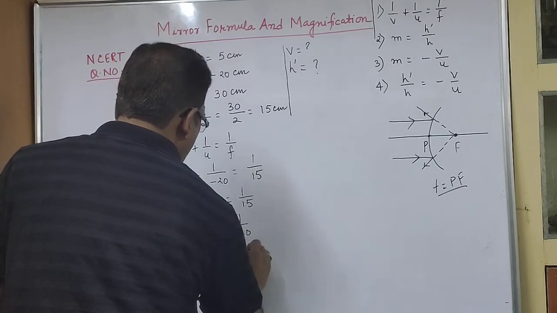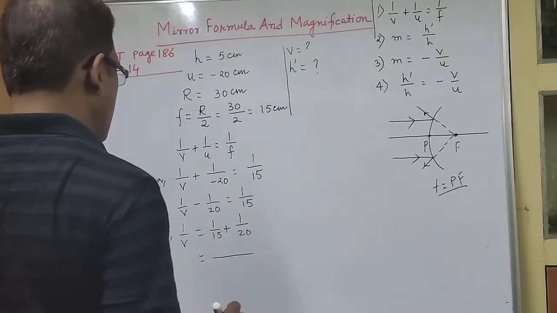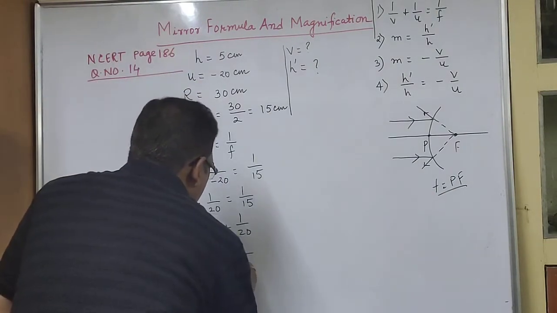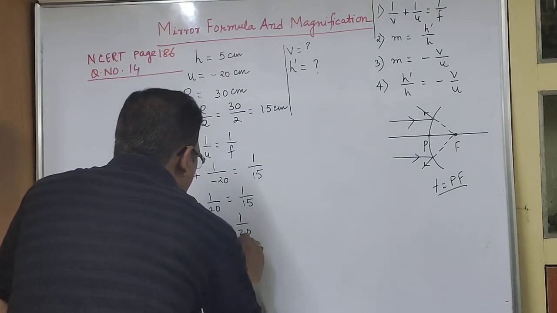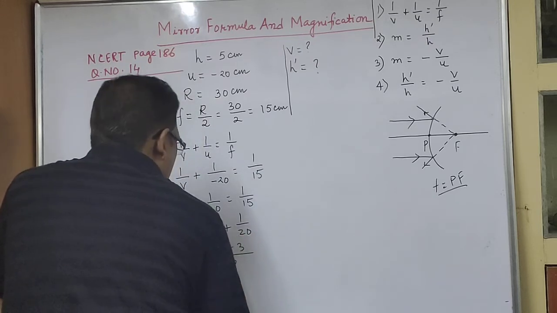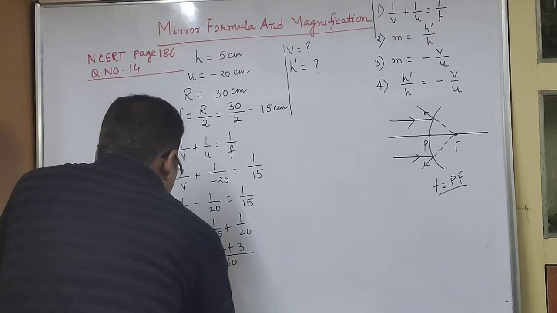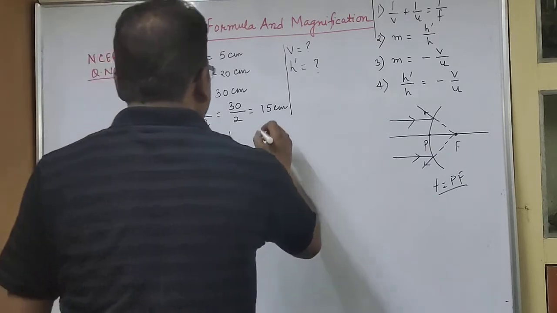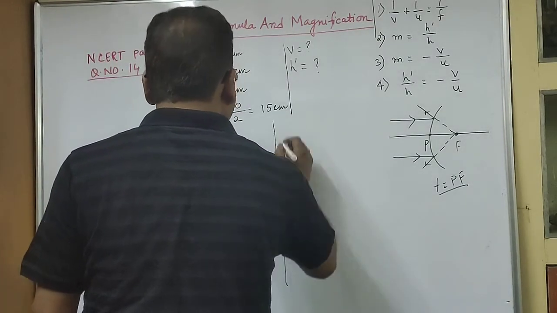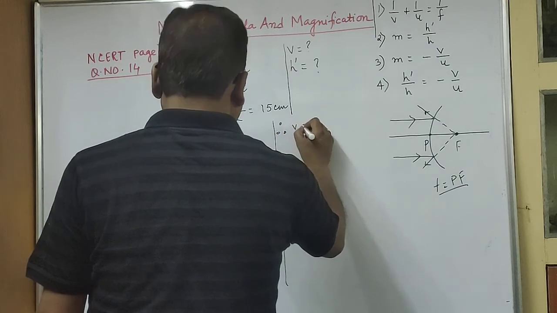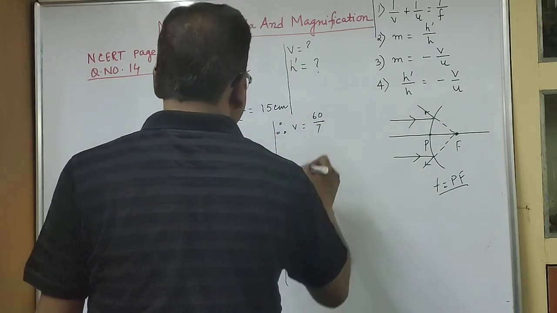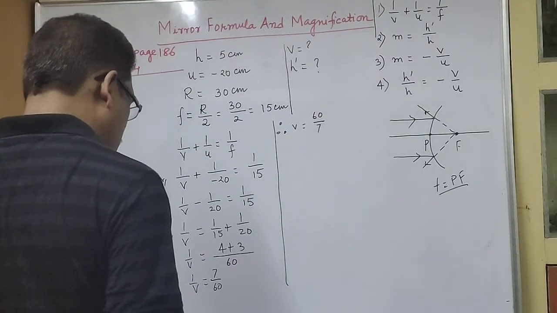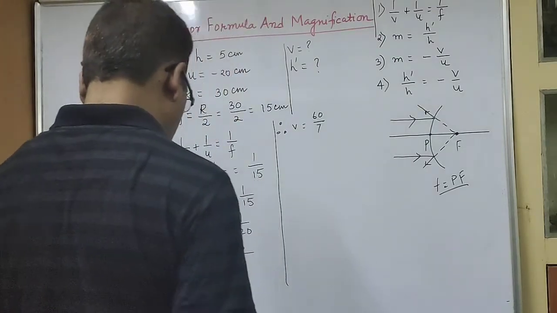Now take the LCM of 15 and 20, which is 60. So it will be 4 plus 3, so 1 by v is equal to 7 by 60. Therefore v is equal to 60 by 7.